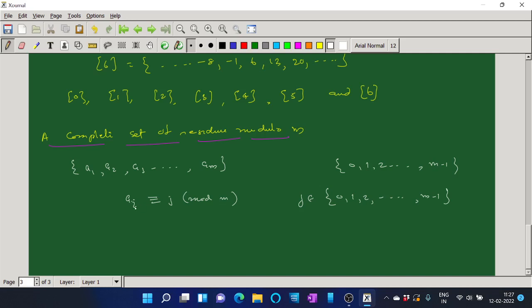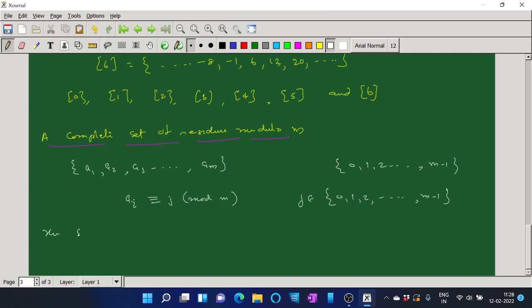And for any i, there exists a unique j. If i is different, you will get another j. If you are taking 2, for example, a2 is congruent to one of these integers modulo m. a3 is congruent to another integer modulo m. This way, they are congruent modulo m to the least residues 0, 1, 2, etc., m minus 1 in some order.